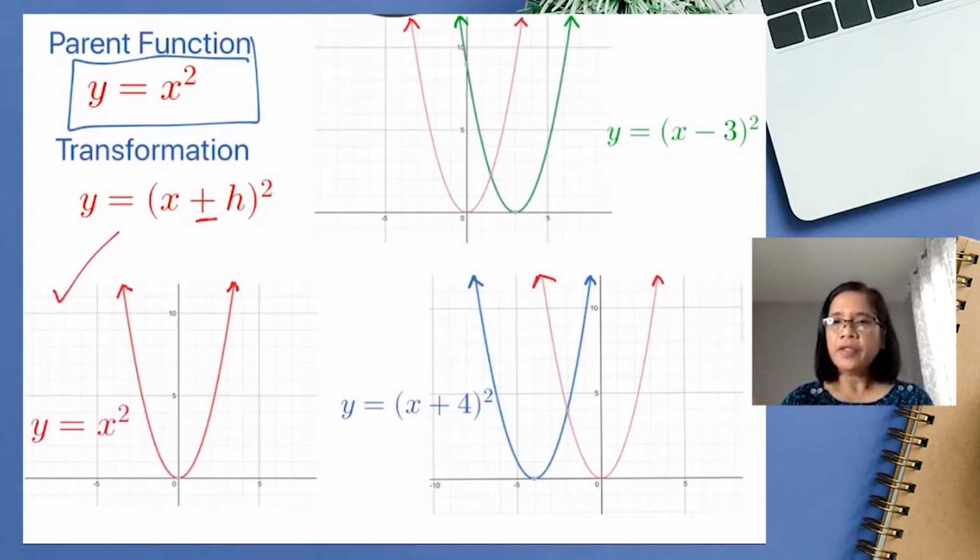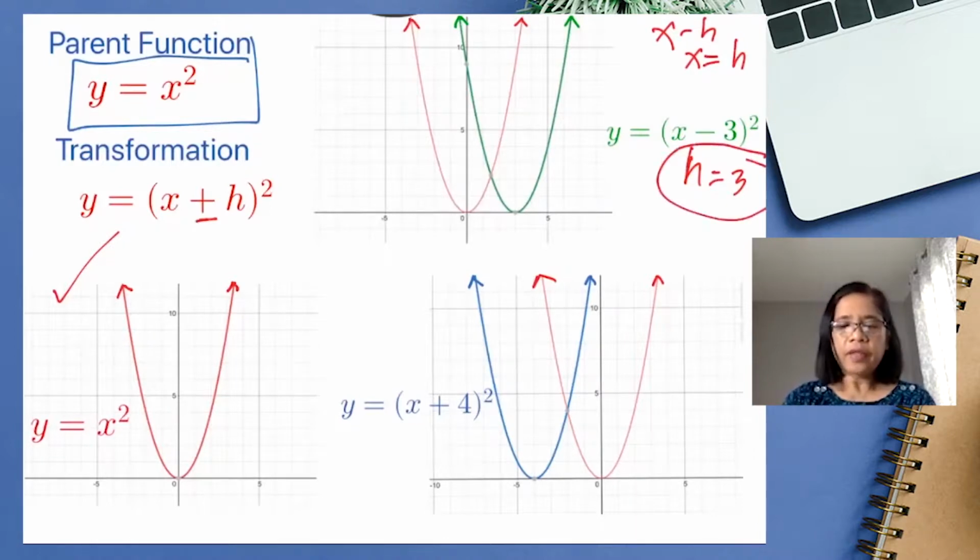Then let's start with when h is 3. When you're looking at x minus h, you solve for h, you have x is equal to h. That's why h here is equal to 3.